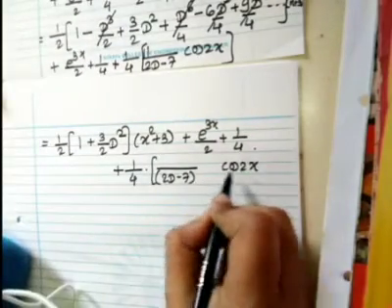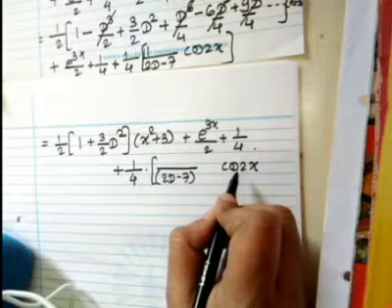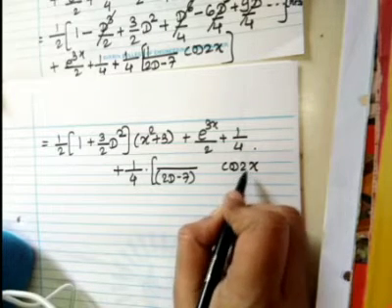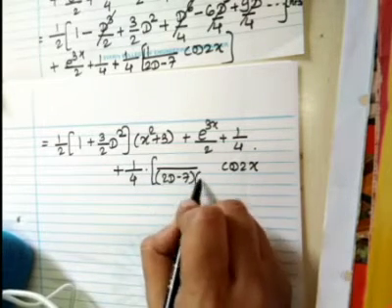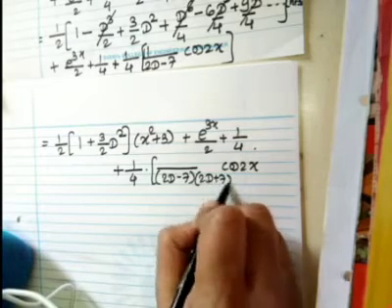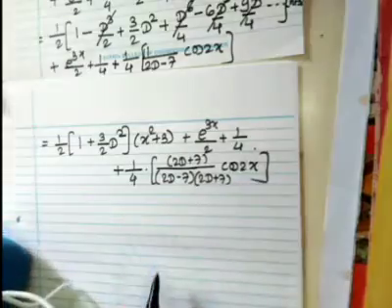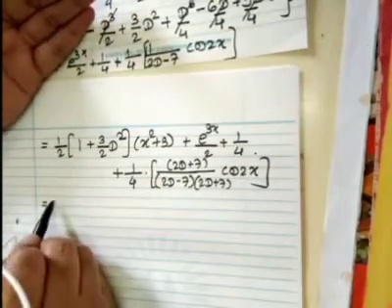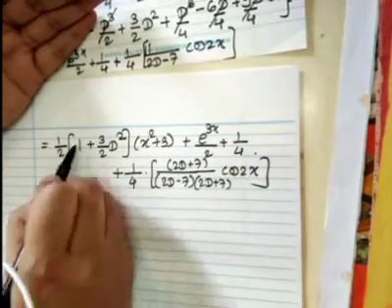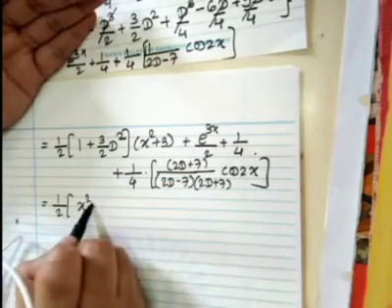Yes, rationalization. That is, cos case is d square in the denominator. So we have 2d plus 7, 2d plus 7. Then 1/2, 1 into this, so it is x square plus 3.